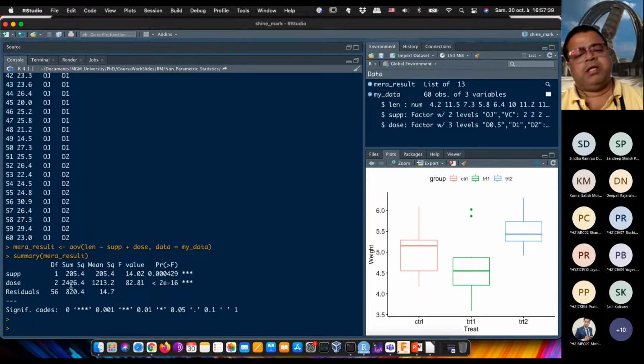It also means that dosage is also significant. Both things are important. Okay, supplement and dose are very important. That means there is a difference in the means of supplements. There is a difference in the means of dosages.